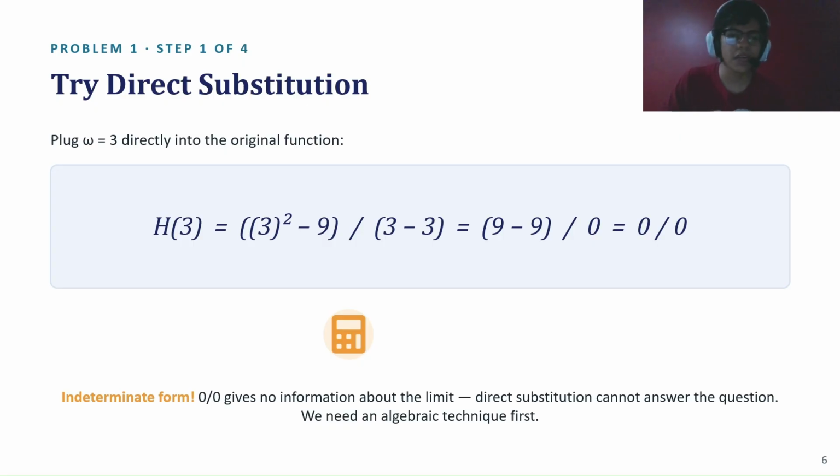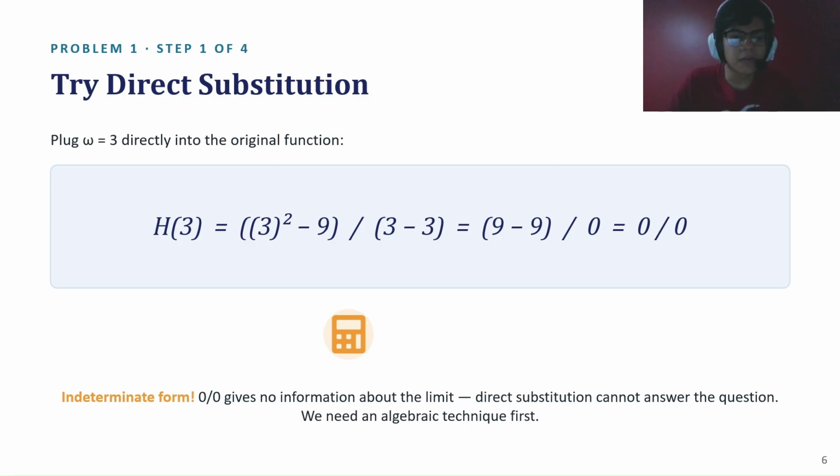Well, we need to try direct substitution. Plug w equals 3 directly into the original function. This is the original function.